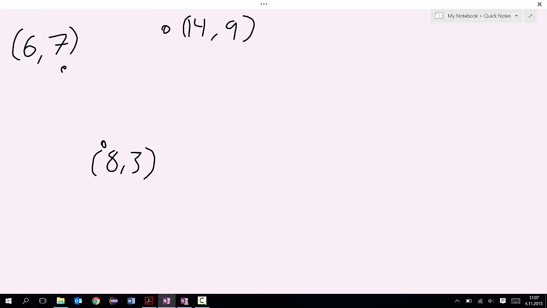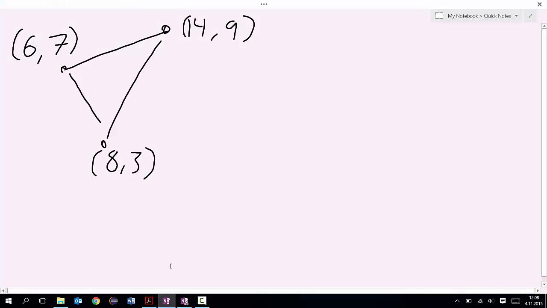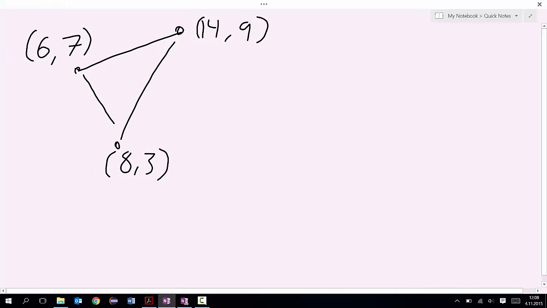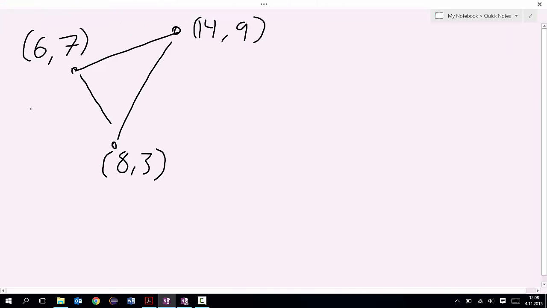Might be a bit further to the right. But the main thing is that we're going to be drawing this triangle here, and the pixel we're looking at has a y value of 5, which is somewhere between 3 and 7. So our current scan line has y equals 5 here.